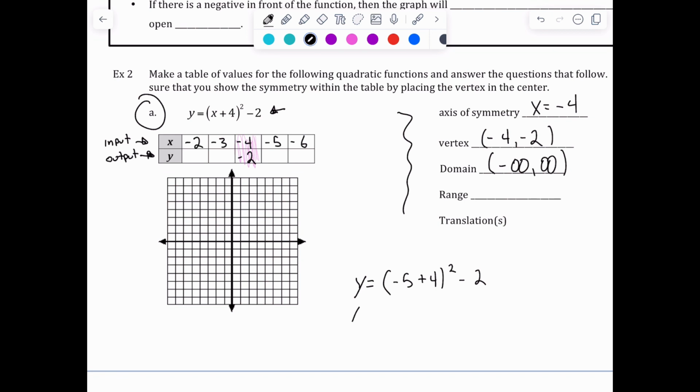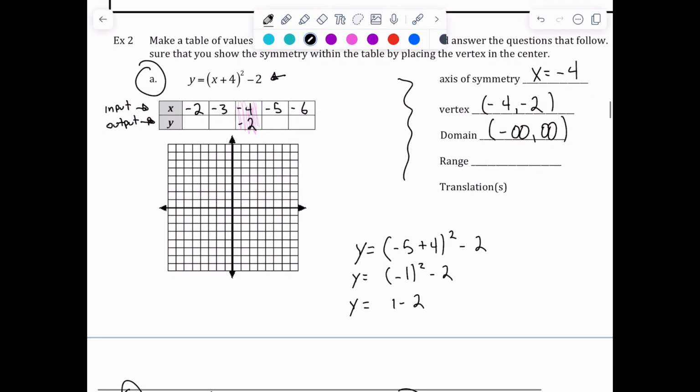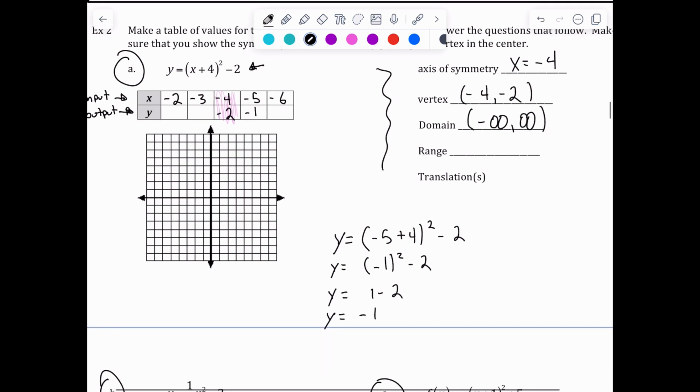And remember, we do stuff inside the parentheses first. So that's going to be -1 squared minus 2. And then I'm just going to have y equals 1 minus 2, because -1 times -1 is +1. Y equals -1. There you go. Boom. Okay, and then next I'm going to do it for -6 as well.